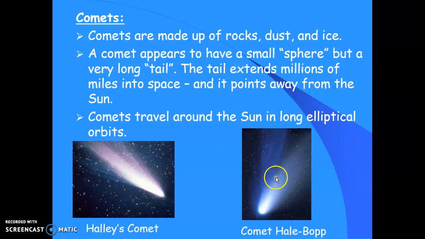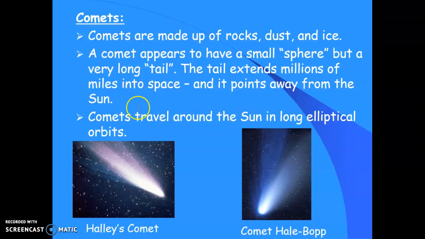Okay, so that tail, just so you know, is actually compounds that are breaking off of the comet that contain ions. And when the ions interact with the energy from the sun, they have a specific color that they turn, or you'll see this glowing happening.